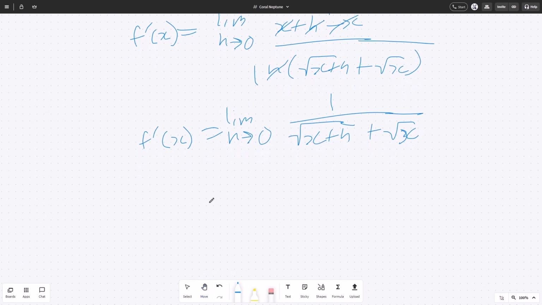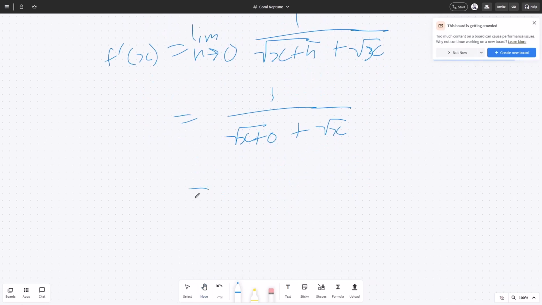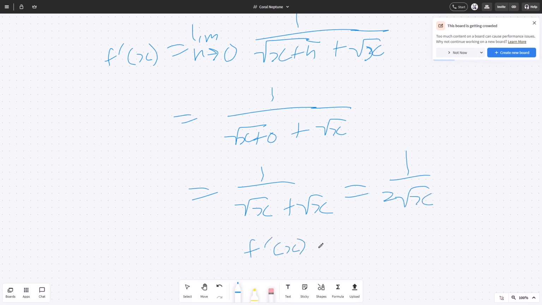Now we can plug in the 0. So we have 1 over root of x plus 0 plus root x. That will equal 1 over root x plus root x, and that is equal to 1 over 2 root x. So f prime of x is equal to 1 over 2 root x.